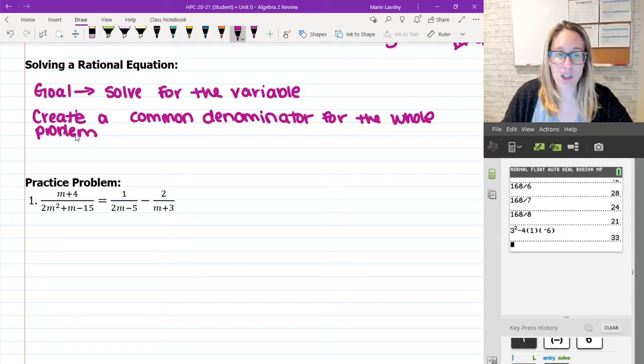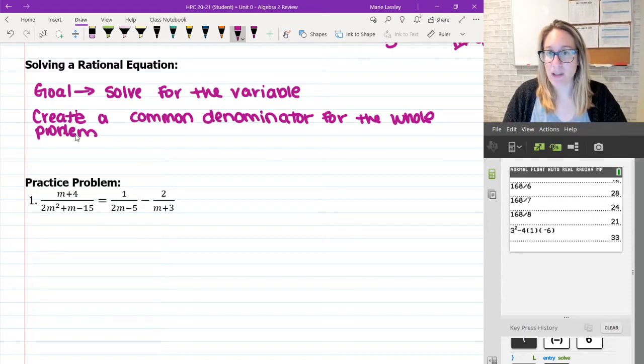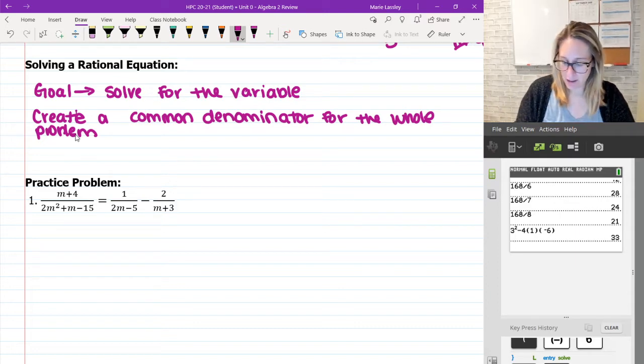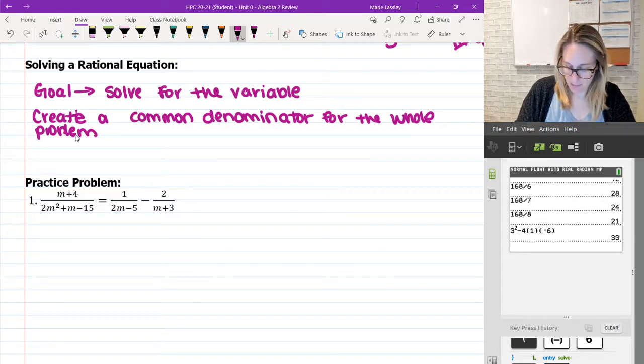Once we have that common denominator, we can multiply both sides of our equation by that common denominator, and it's going to do what's called clearing the denominator. So create a common denominator for the whole problem, then multiply by that common denominator.